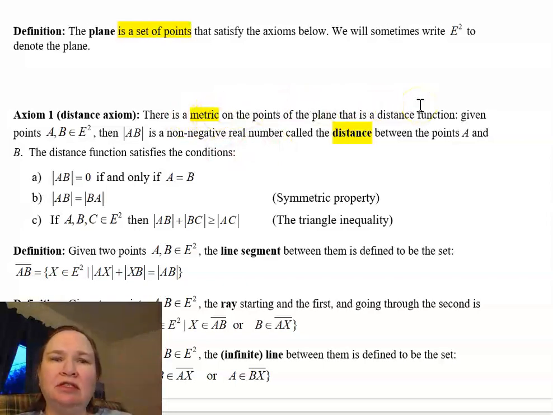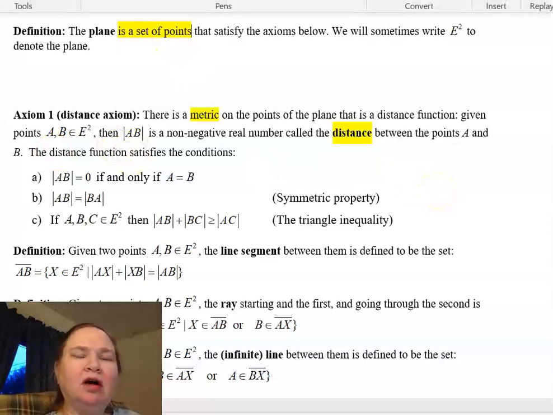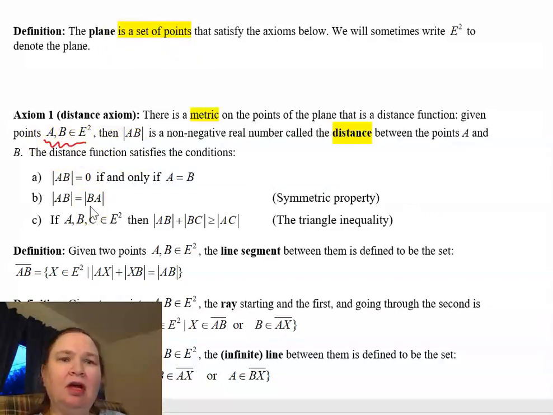If there are any 2 points that are elements of the plane, by saying up here that a plane is a set of points, then when I write A and B are elements of the plane, I'm saying A and B are points in the plane.